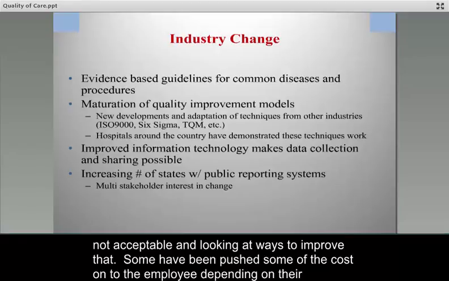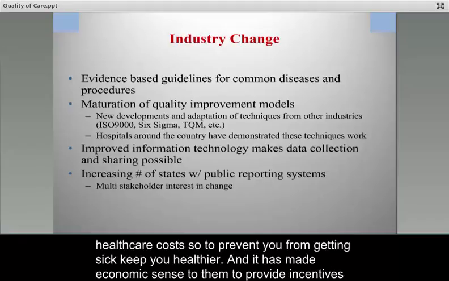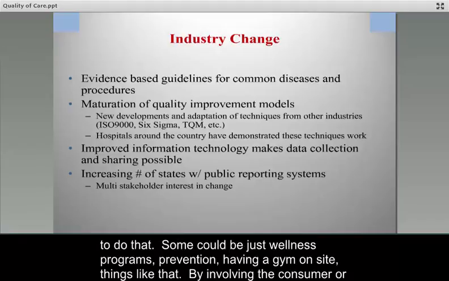Some have pushed some of the cost onto the employee to pay more of their premium, but employers have also put more effort into keeping their employees well, say with wellness plans, saying one way we can manage healthcare costs is to prevent you getting sick, keep you healthier. And it has made economic sense to them to provide incentives to do that. Some could be just wellness programs, prevention, having a gym on site, things like that.